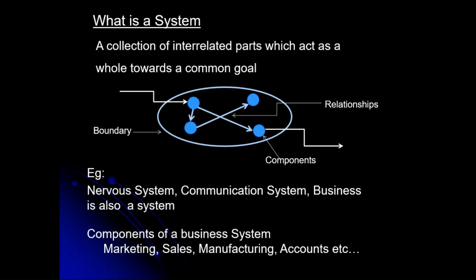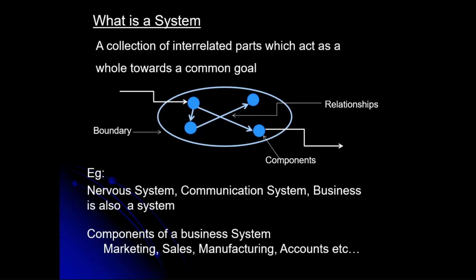Because in a business system there are various components such as marketing, sales, manufacturing, accounts and so on, and these components work together either to gain profits or to provide services, or for both. Companies and businesses like NIBM work for both. We provide a service as well as earn profits. So there are many departments working together. If one department fails to perform its work, the system will not be able to achieve its task.